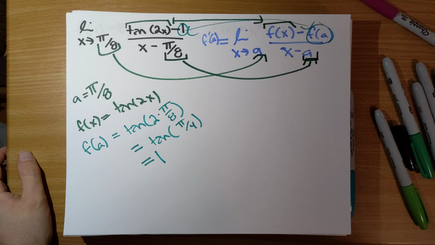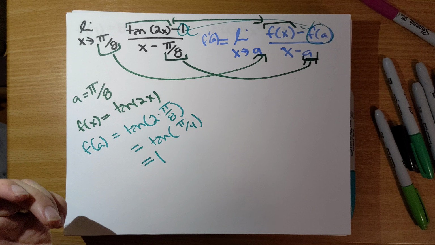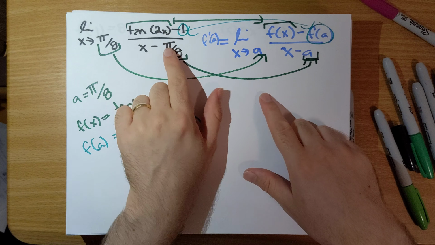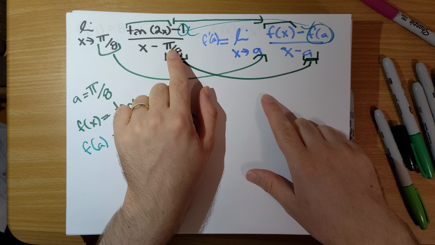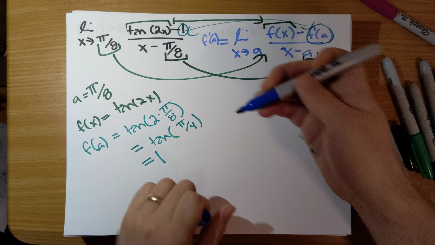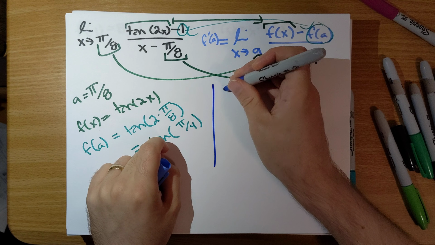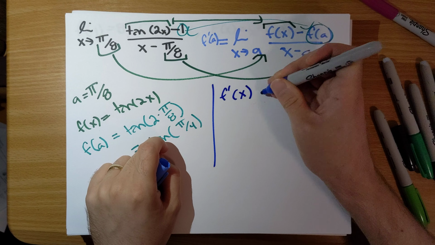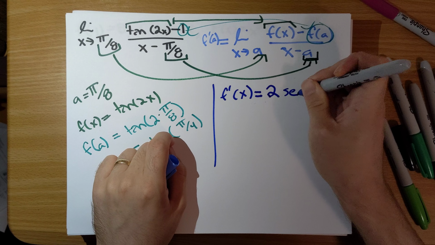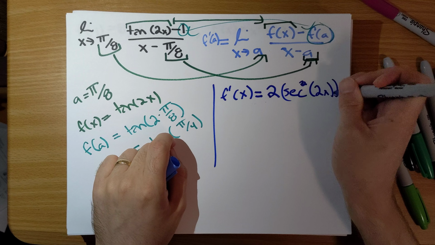Okay, so how do we do part B now? Use our identifications in part A to calculate a given limit. Well, let's not try to evaluate this directly. It would be a somewhat difficult limit to evaluate from scratch. Instead, let's use the fact that we know f of x is tangent of 2x. So f prime of x is going to be 2 secant squared of 2x.